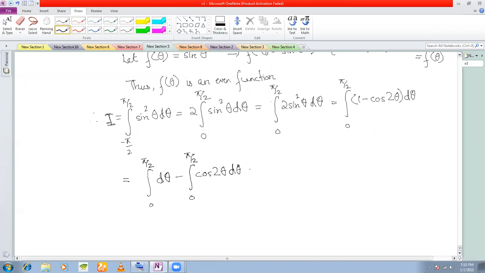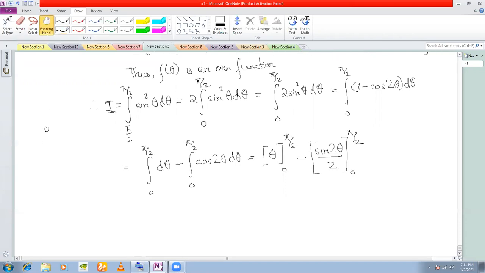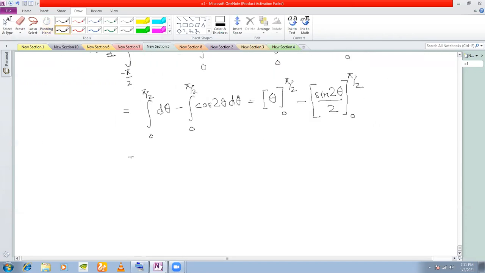And what is the integral of d theta? It is theta evaluated between the limits 0 to pi by 2. And what is the integral of cos 2 theta? It is sine 2 theta divided by the derivative of 2 theta, which is 2, evaluated between the limits 0 to pi by 2. So this becomes pi by 2 minus 0, and you can take half out.